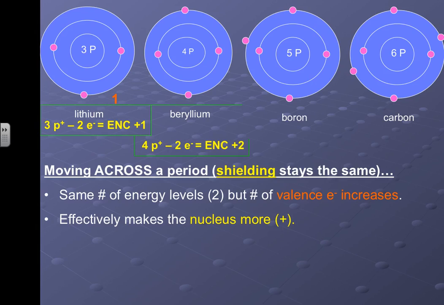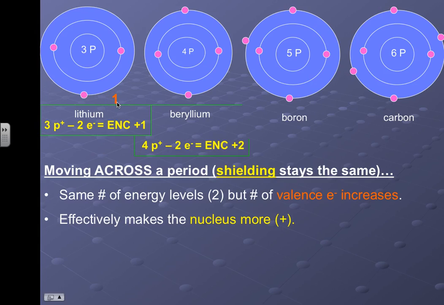So what that means is these 2 electrons in the valence of beryllium are feeling a stronger pull from the nucleus. The valence electron for lithium is only feeling an effective nuclear charge of 1.